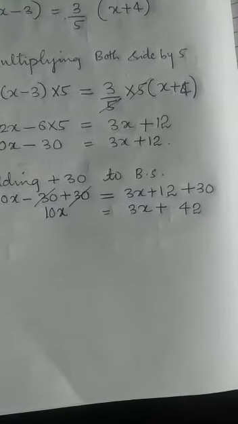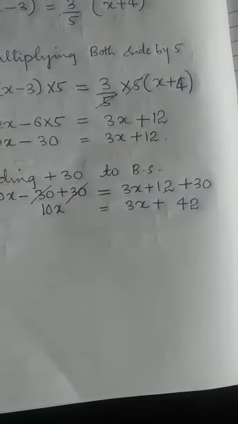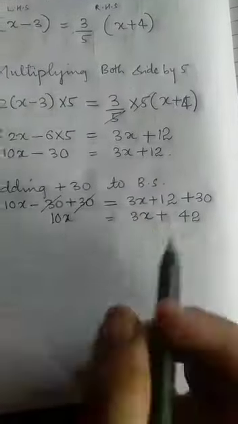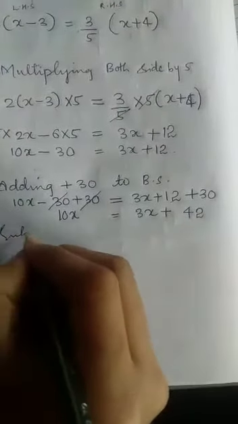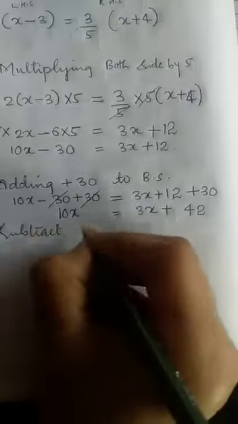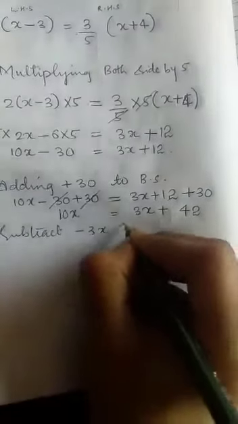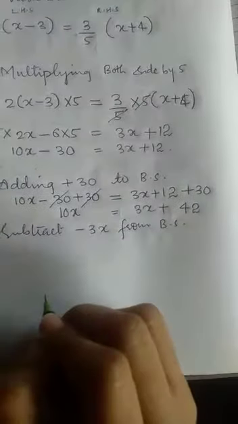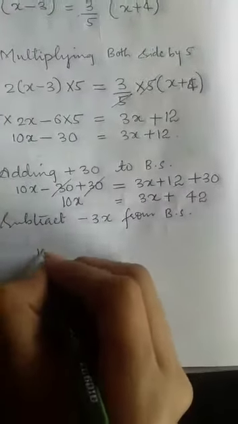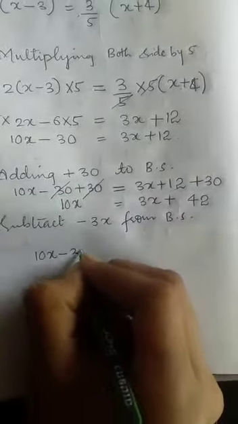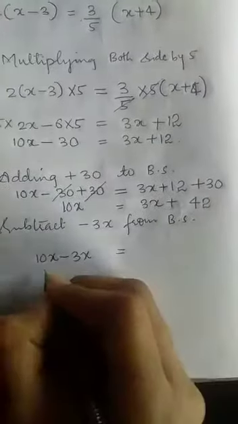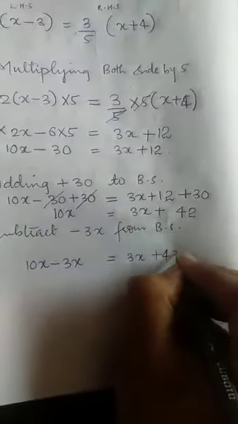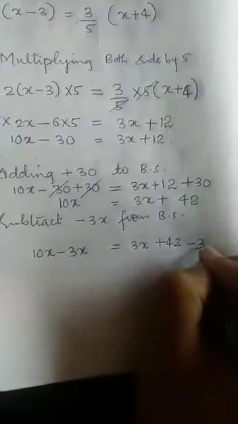What will we subtract from here? This is 10x is equal to 3x plus 42. We can subtract 3x. Then write, subtract 3x from both sides. Now how will our equation be? 10x minus 3x is equal to, this is LHS, 3x plus 42 minus 3x.